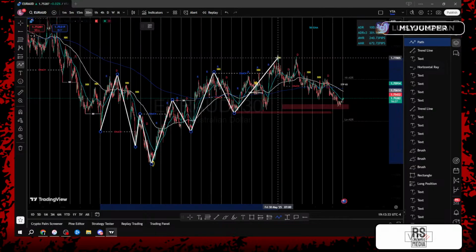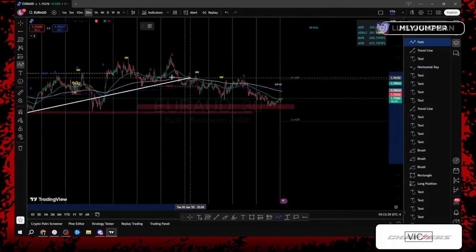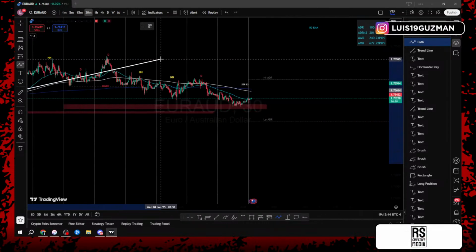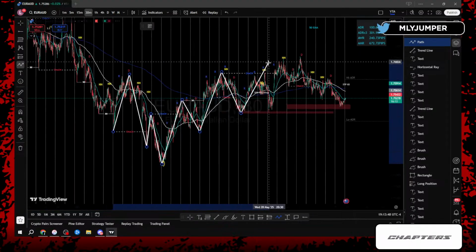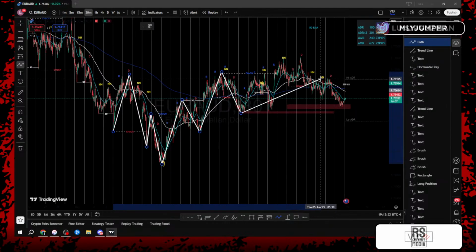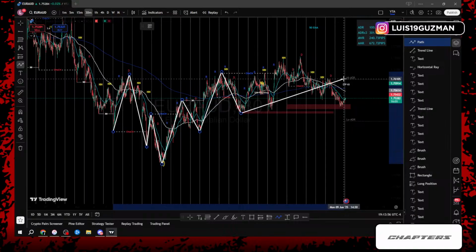Then we had higher high. Notice how we never had a break of these highs. Because we never got a break of these highs over here, everything was just still testing. If you notice, none of these candles broke. So I don't want to say that this is higher high, higher low, higher high, lower low, lower high, lower low, lower high, higher low, higher high. That just doesn't make any sense to me.